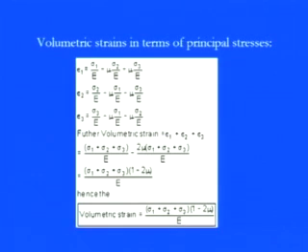Volumetric strain in terms of the principal stresses also we can compute, because we can easily express the volumetric strain in terms of sigma 1, sigma 2, sigma 3.